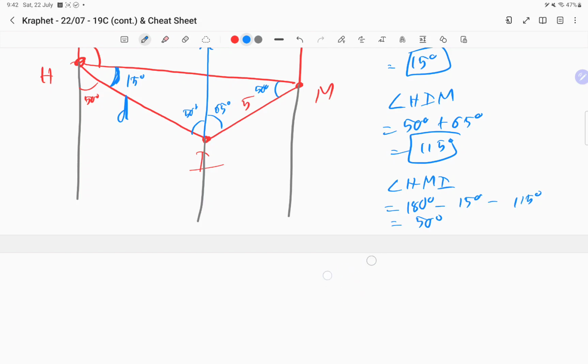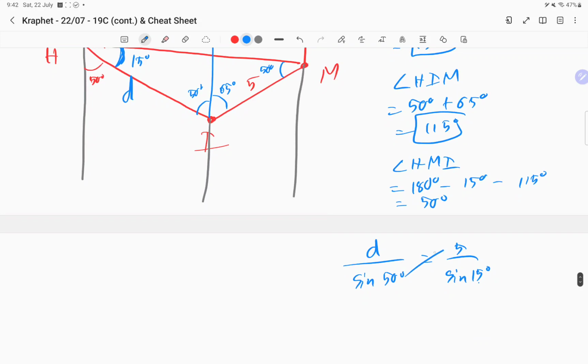Again, sine rule. Actually, you want to use the version where the item that you're finding is on top. So you go d over sine 15 degrees equal to 5 over sine of 15. Oh, sorry, it should be 50. And this one is sine 15 degrees. And then just multiply that one over here.